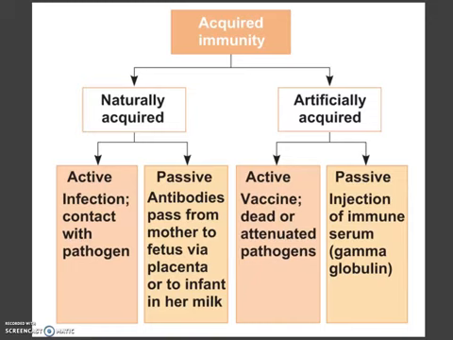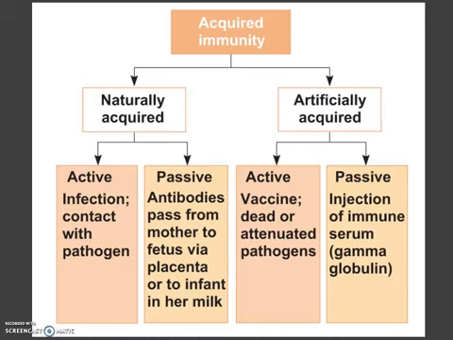Now, thanks to modern medicine, we also have artificially acquired immunities. An artificially acquired active immunity is something like a vaccine. A vaccine is a situation where they take either a dead or weakened pathogen and inject it into somebody, and then that person's immune system is activated to develop memory cells against the pathogen.